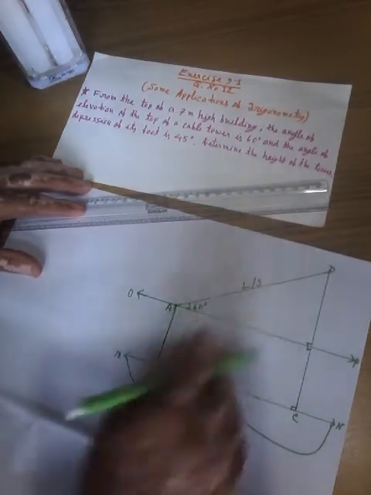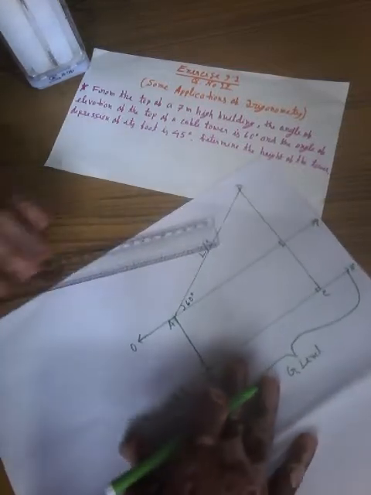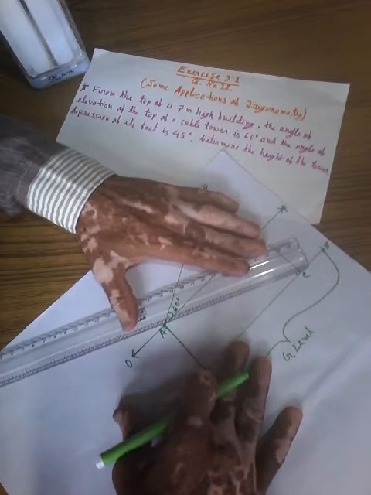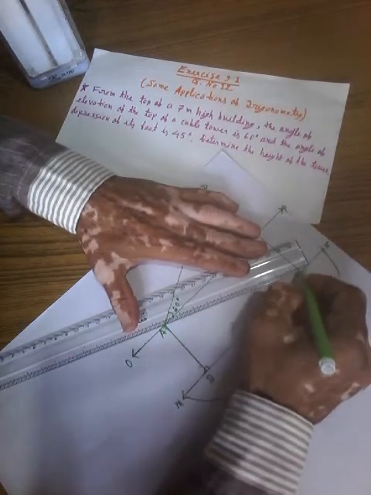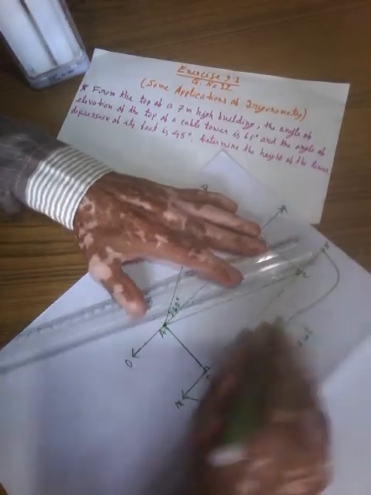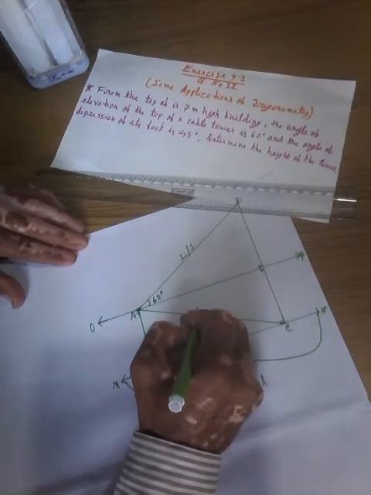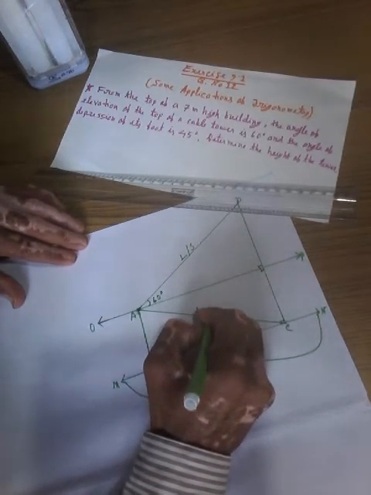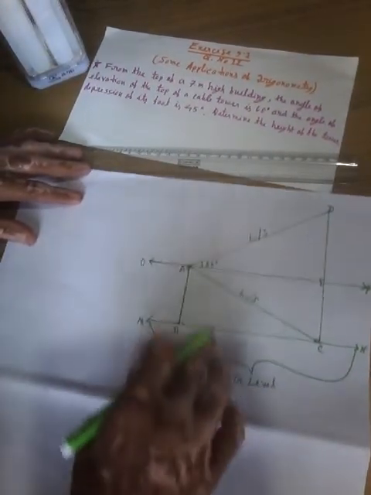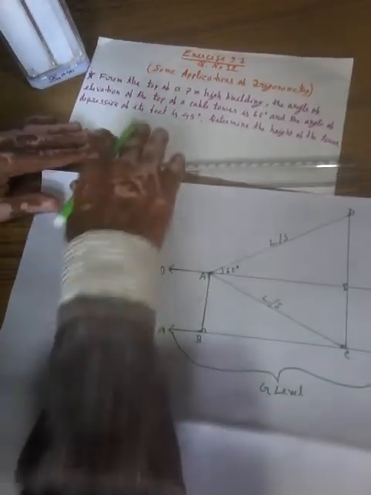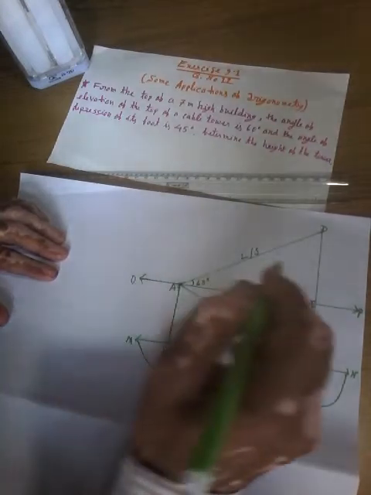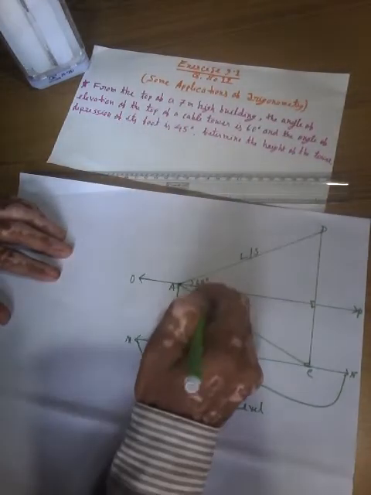After this, let us draw the line of sight to the foot of the cable tower from A. This is again another line of sight which will give us the angle of depression from A. So according to the question, the angle of depression in this case is 45 degrees.